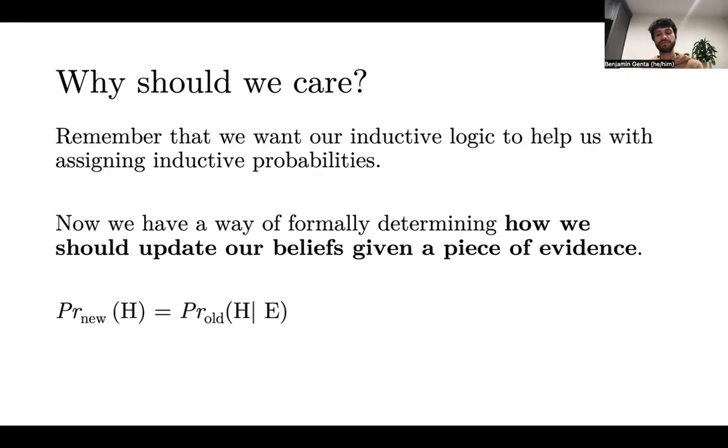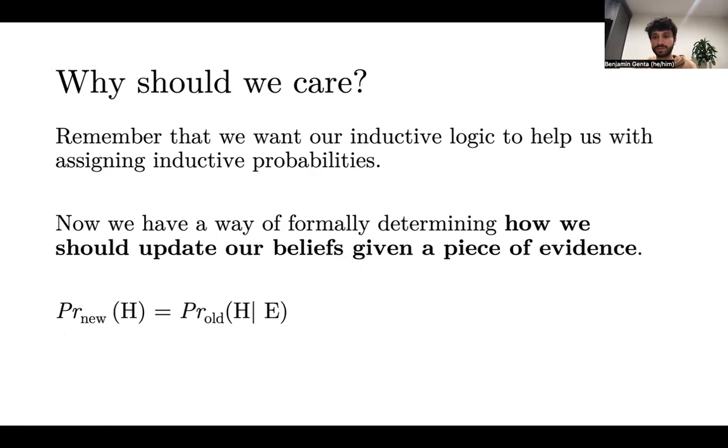It means that if you have a probability or a belief on a particular hypothesis, call it H, then if I give you a piece of evidence, you know how to get a new belief on this hypothesis. The new belief you'll get, the probability with the subscript new of statement H, is equal to your old probability of H given E.